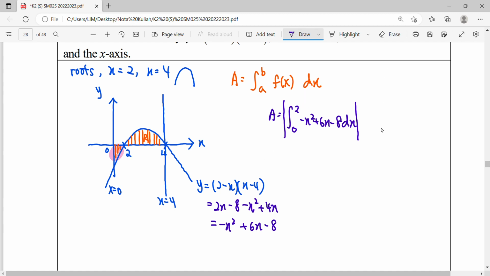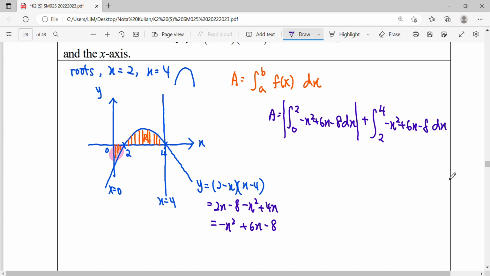Then plus the integral from 2 up to 4 of our quadratic in terms of x, dx. This area gives a positive value, so no need for modulus. Only the area below the x-axis needs modulus, to ensure the integration gives a positive value.